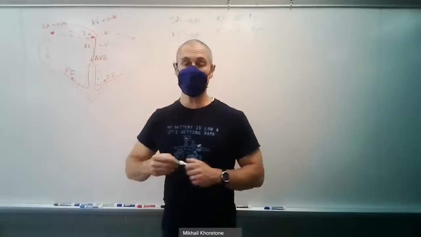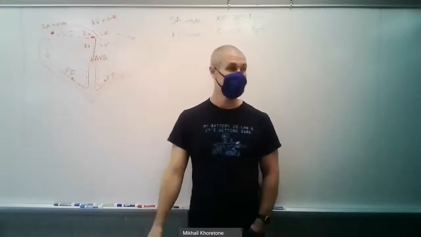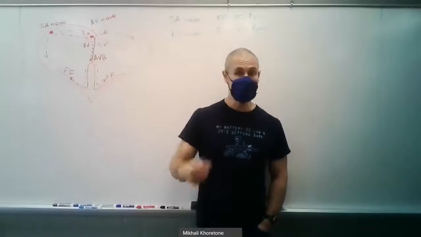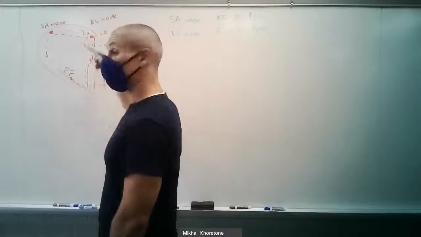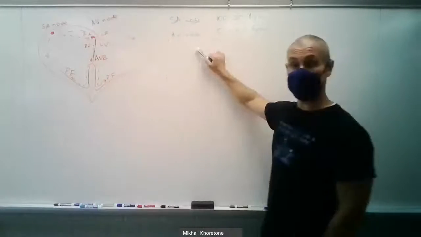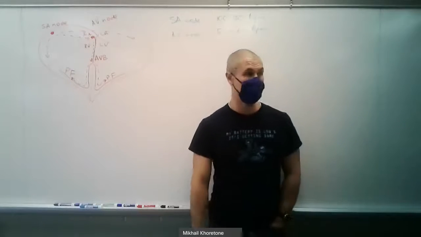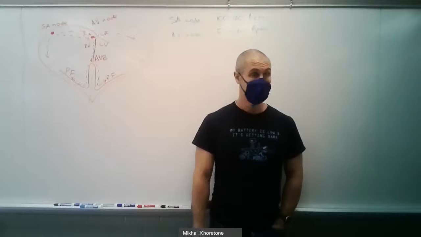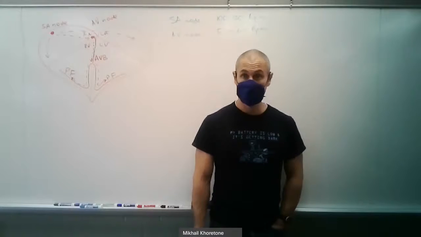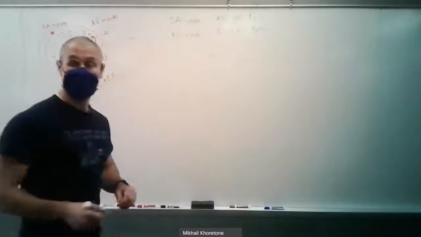So imagine, hypothetically, your SA node is dead, myocardial infarction. Okay? So what happens in this case? The AV node takes over. When you have a heart rate of 50 to 60 beats per minute, are you going to feel well? Not really. It's too slow. Will you still be alive? Yes. But it's going to be pretty slow.